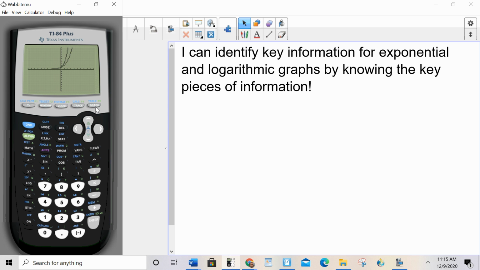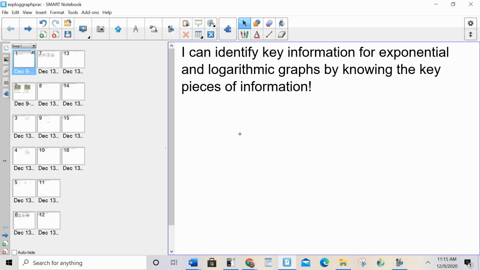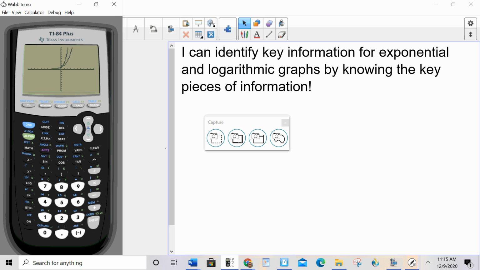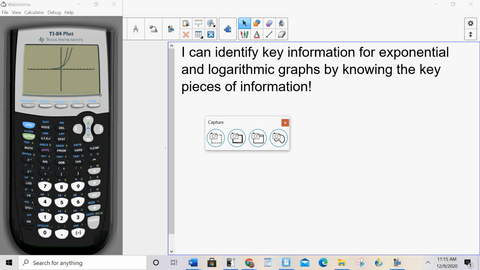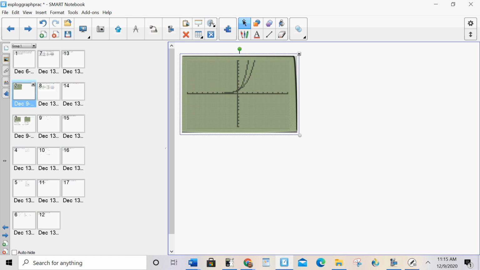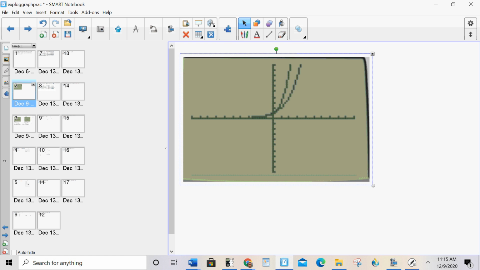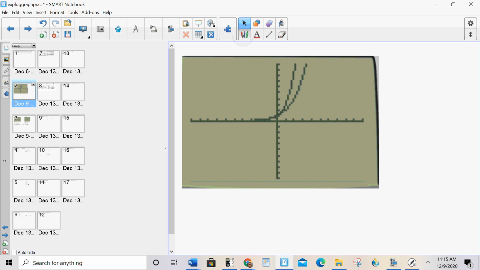So, let me just blow this up for a moment. Okay, so let's look at this thing. What do they have in common? Well, they both pass through this point right here.